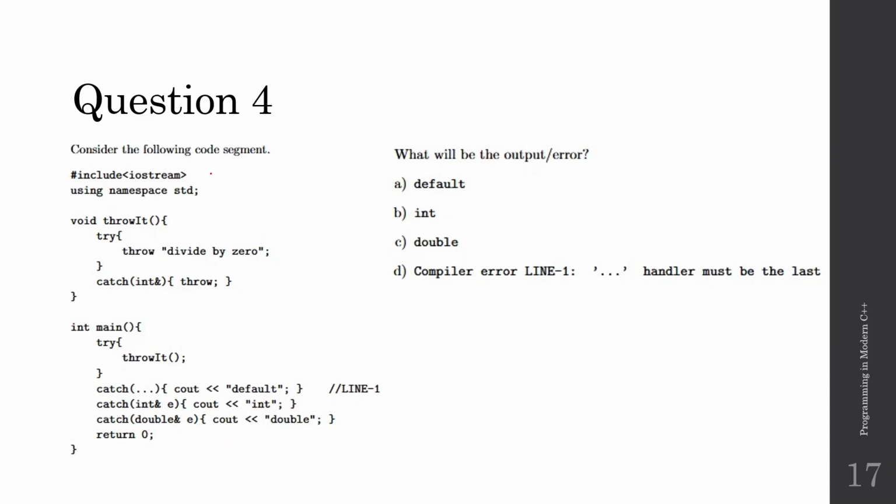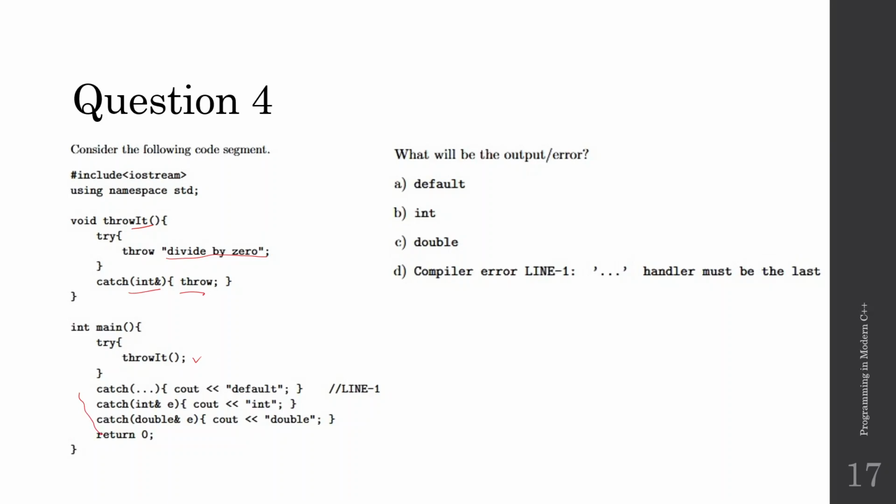Okay, now in this piece of code we have a function throw it, which throws a string called divide by 0, and there is a catch handler which accepts an integer reference and it throws it. So there is no handler for string types. Now in the main body of the code we are calling throw it.